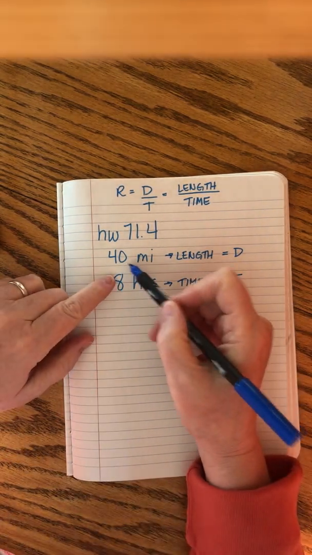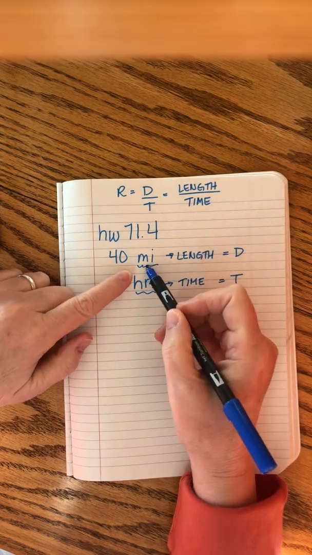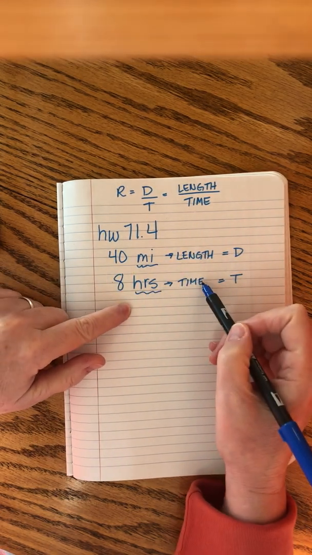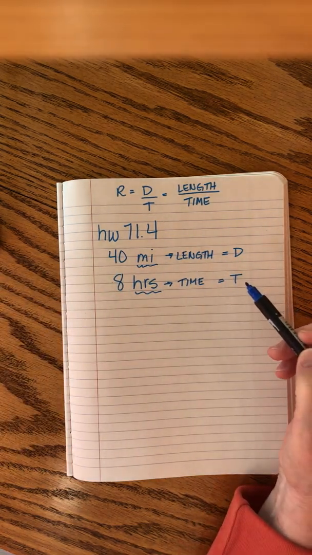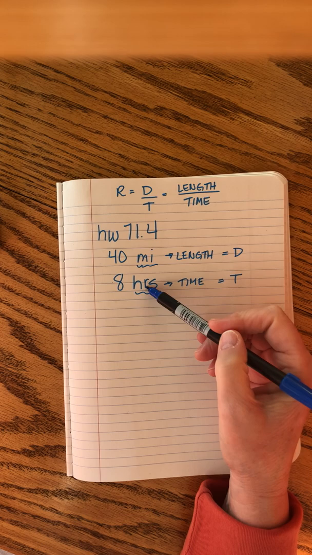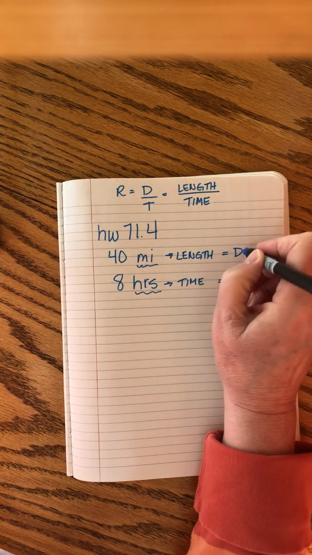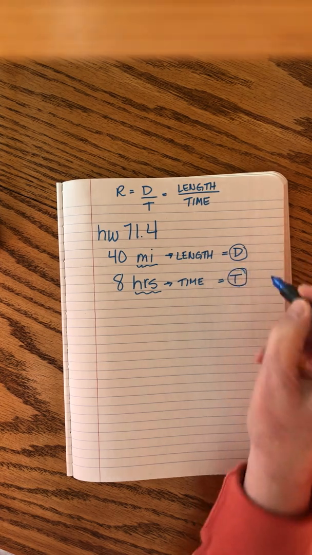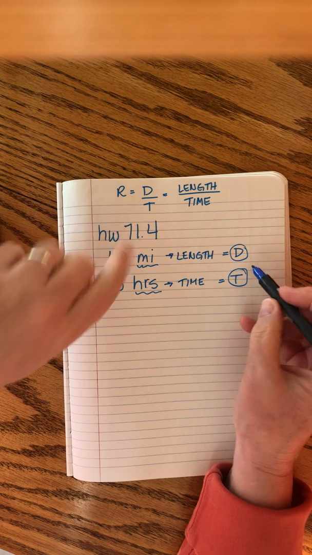Do you see how I took this information and by looking at the units carefully, I could find, oh, you're measuring length, you're measuring time. That means you must be the distance and you must be the time. You have to use your understanding of these units and what they're measuring in order to reach this conclusion. But this is super important because now we know how to take these two numbers and find the rate.